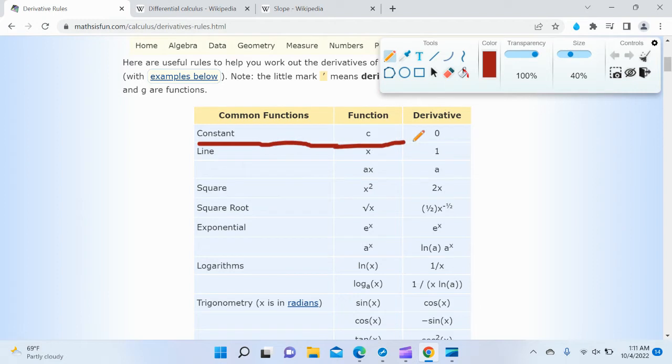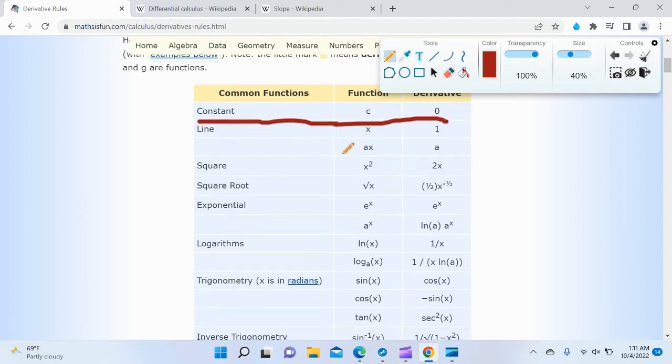See, if it is a constant, then dy by dx will be 0. If it's x, then 1. Why 1? Because it is x to the power 1, so 1 minus 1, x to the power 0, is equal to 1.